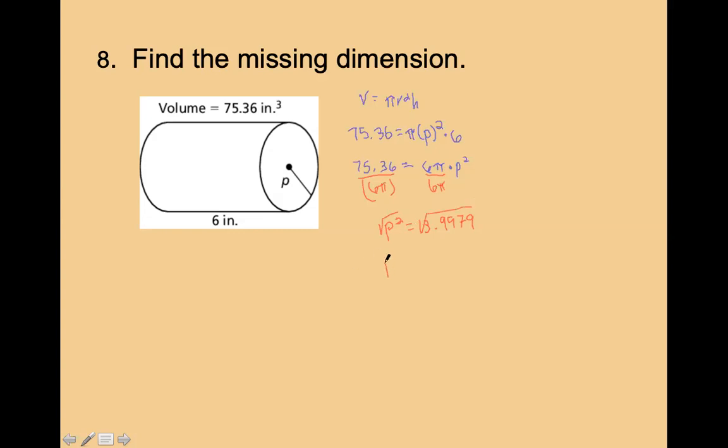And I get that P is equal to 1.99 inches. Or if you want to call it about 2 inches, that's fine. Okay, so we found our missing dimension. If you want to, take that, plug it back into the formula and see if it works.